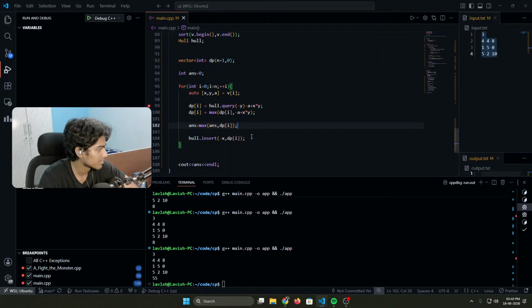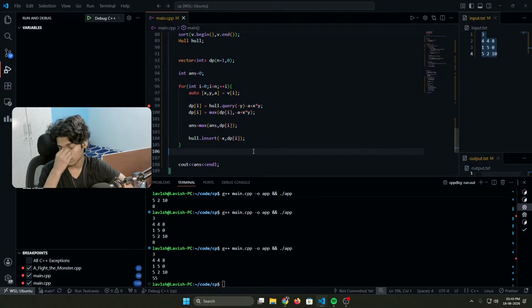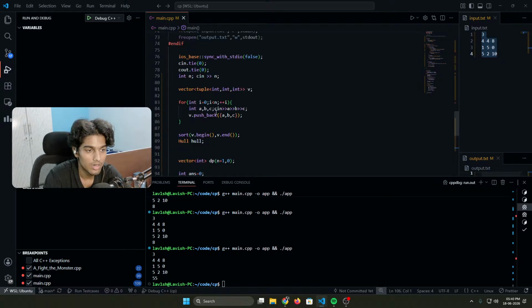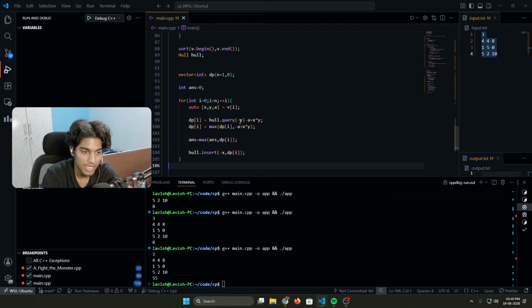Well, even wrong. Wait, in our equation, if negative y is the query parameter, the query parameter will always be this now.